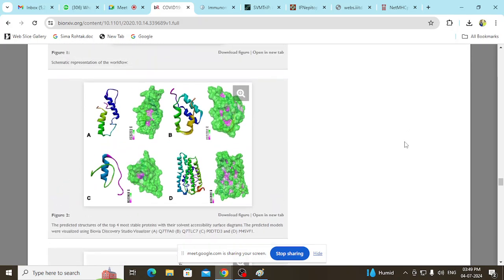Here you see, these are the proteins which have been identified on the COVID-19 virus, not the surface glycoprotein, which are not very exposed. These are internally made. That means it's a three-dimensional structure of the protein, and some internal parts of the virus have these proteins. So they are not exposed, and eventually they are not very prone to mutations either.